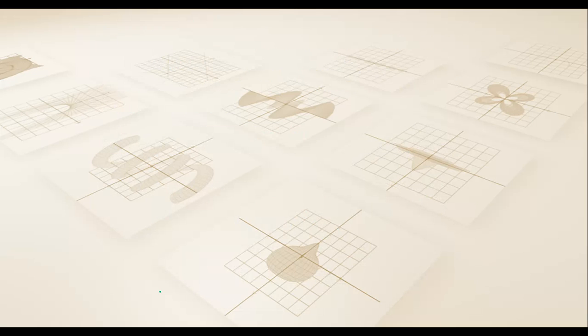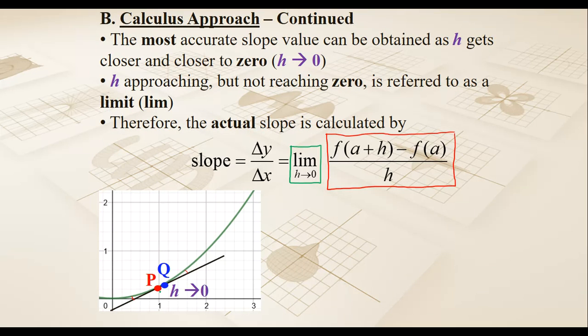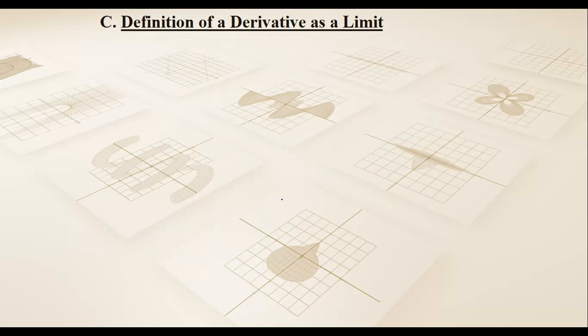Let's go back to the previous slide for a second. We identified that delta y over delta x is equal to the limit as h approaches 0 of f of a plus h minus f of a, divided by h. Okay, so instead of writing down delta y over delta x, you write down dy over dx.